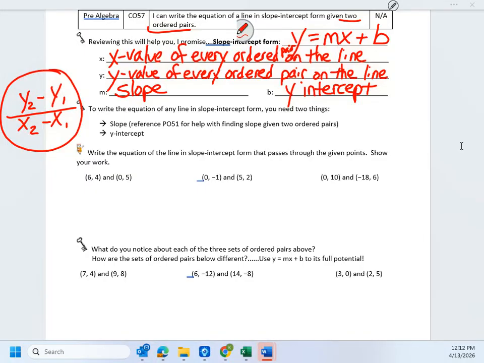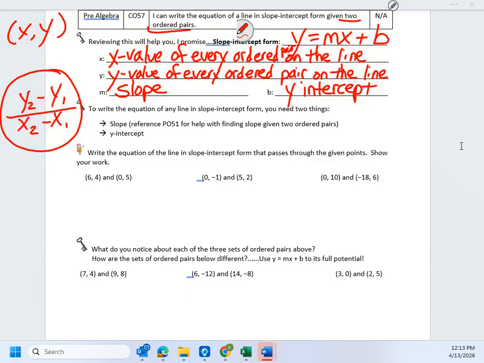So on today's objective, on CO57, I would write this out on the top. Actually write it out so you remember how to do it. So take a moment and write y2 minus y1 over x2 minus x1. Remember that some of us would accidentally mess up what's on the top, what's on the bottom, what we're subtracting.